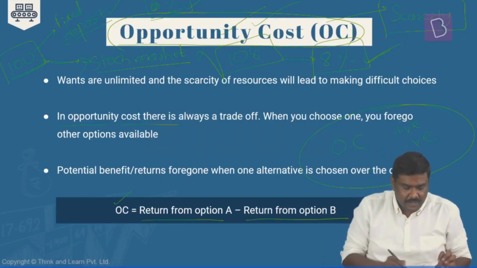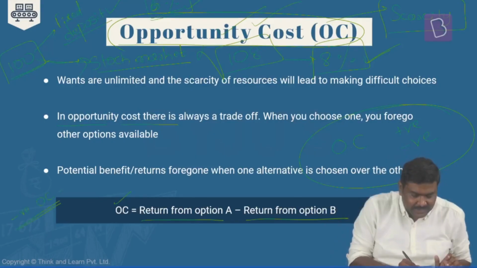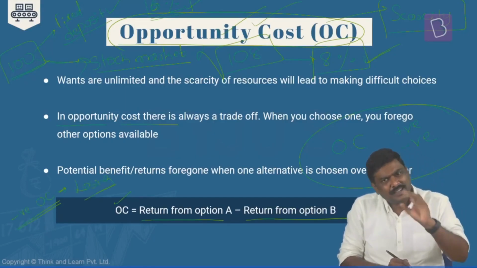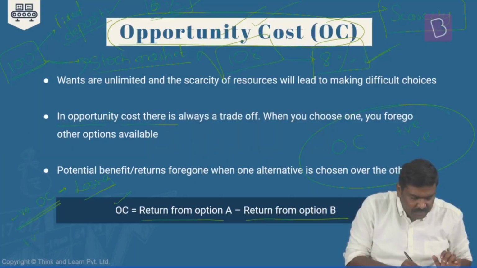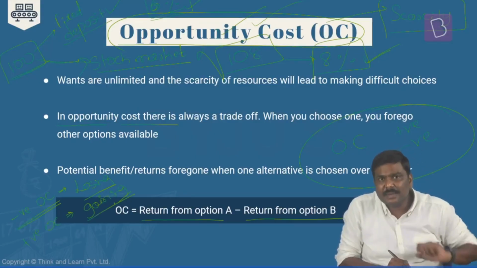But the basic idea here is, when you have a negative opportunity cost, remember this, it simply means you are losing in the transaction. Let me give an example, you'll understand it. And when you have a positive opportunity cost, you are gaining by making this particular decision. Let's take the same example here.